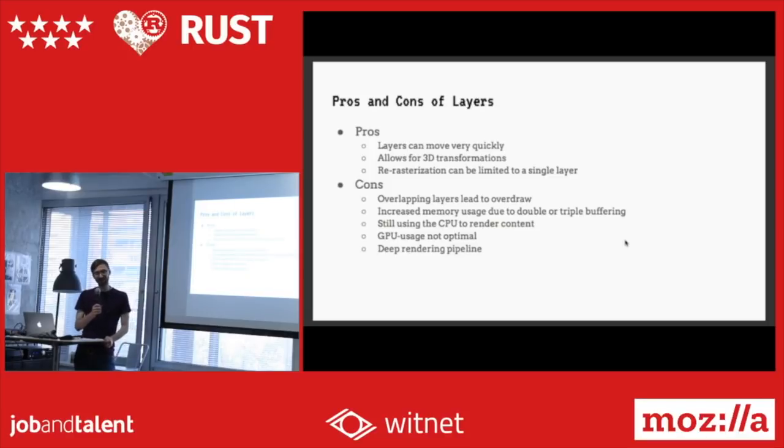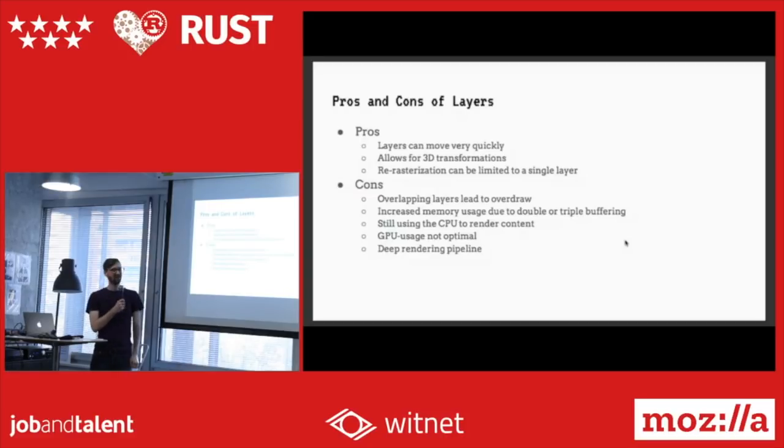That's what happens when layers overlap, because you have to draw the layer, and you have to draw a layer on top of that, and on top of that, and every area that has overlapping layers is a chance that you did something redundantly. So we're sort of wasting the GPU time rendering these layers on top of each other.